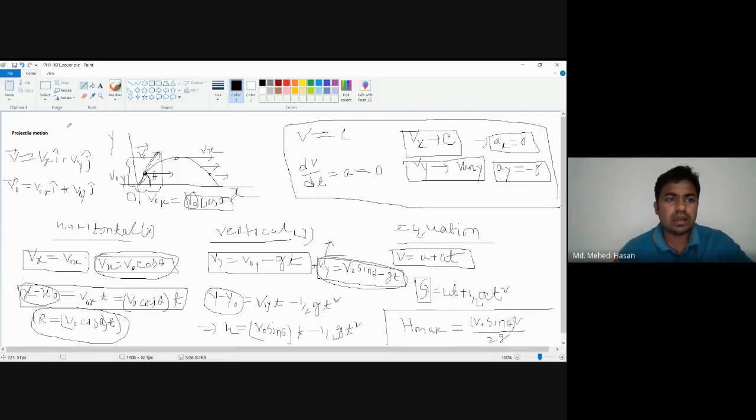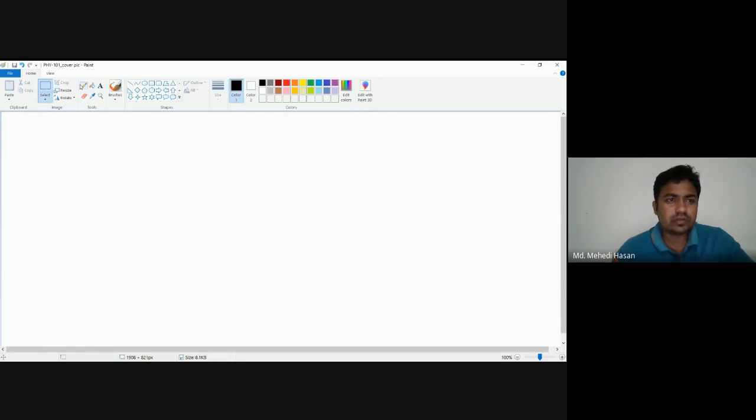How can we find the different variables in projectile motion? Let's solve a problem related to this topic. Say the object is thrown like that. The initial velocity v naught is given, so the magnitude of this velocity is given, say 32 meter per second, and the angle with the horizontal plane is theta equal to say 42 degree.